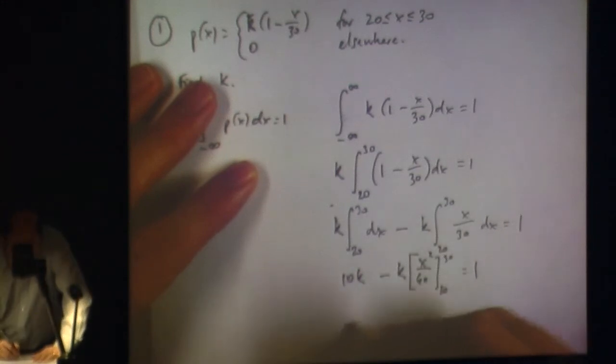So we've got 10k minus k times 30 squared, 900, divided by 60, minus 20 squared, 400, divided by 60, equals 1.